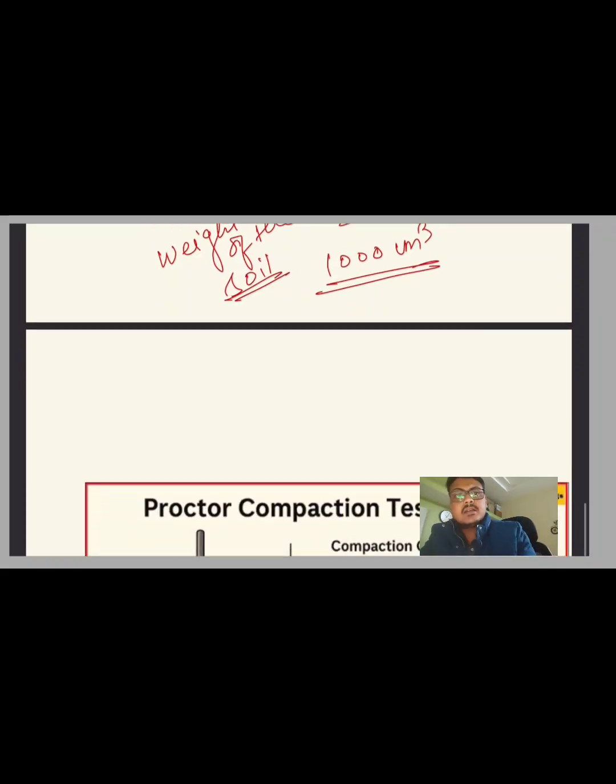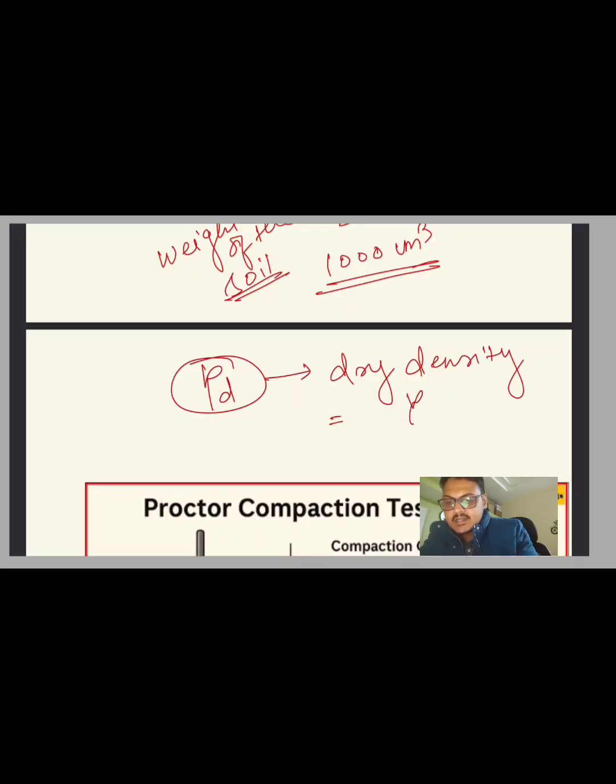Then we have a very basic formula used in soil mechanics, the formula of gamma D, which is the dry density. The dry density is equal to the density of the soil divided by 1 plus water content. By using this formula, the gamma D is calculated.